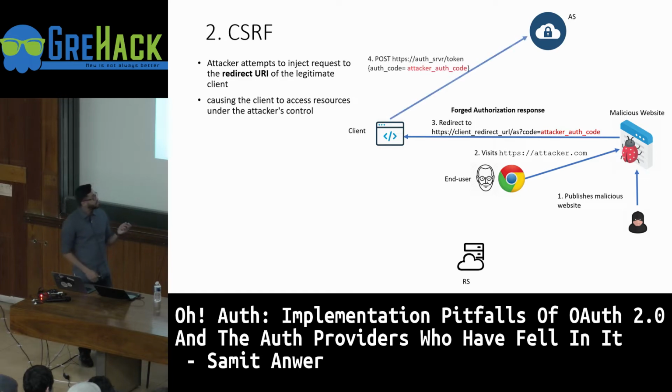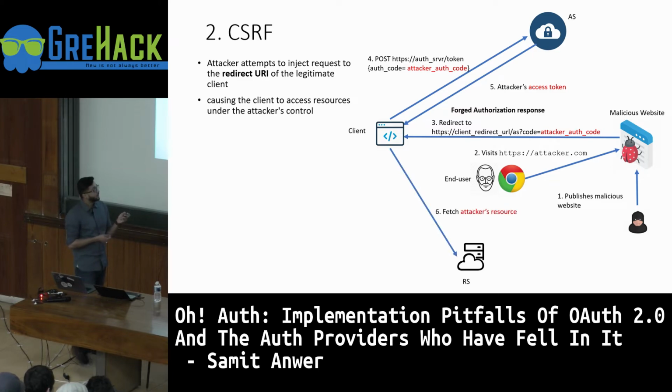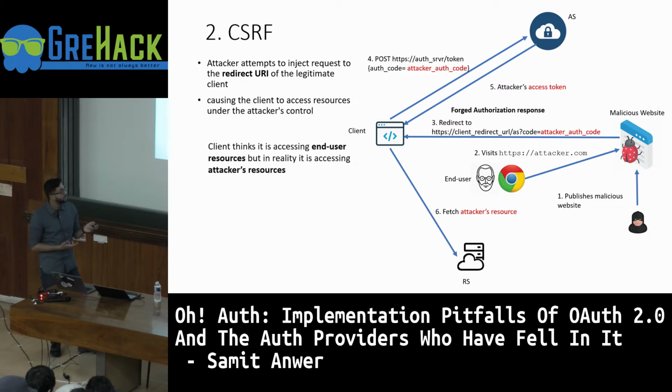And now the client will think that this is the legitimate end user's auth code and try to redeem it at the token endpoint on the auth server and get back the access token, which belongs to the attacker now. And when it fetches the resource, it will actually be the attacker's resource and not the end user's resource. So as a result, the client thinks it is accessing the end user's resource, but in reality it is accessing the attacker's resource.